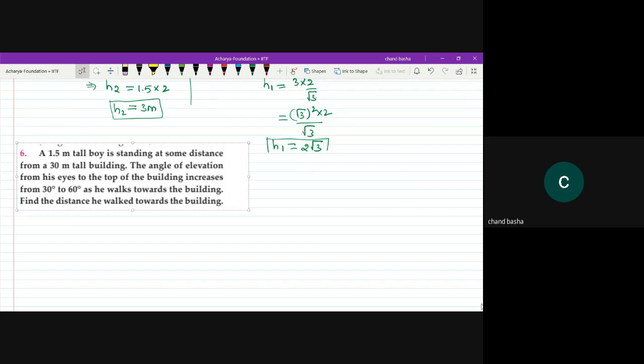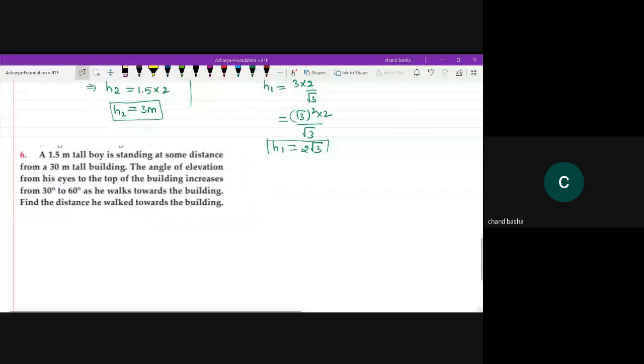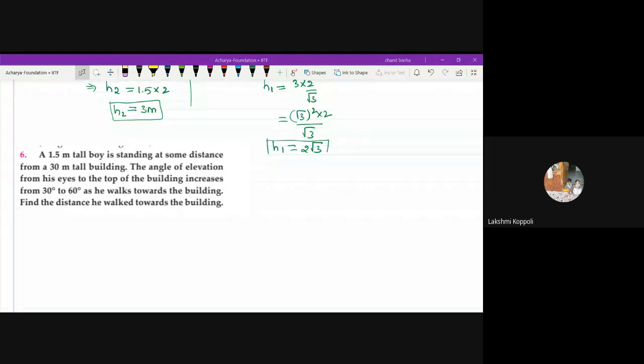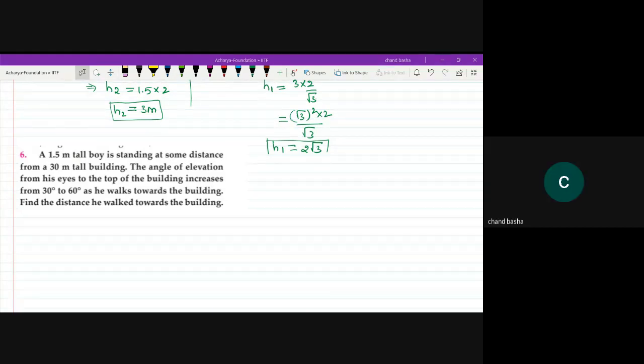Find the distance walked from the building. You have to understand, the figure is important, guys. The building height is 30 meters.